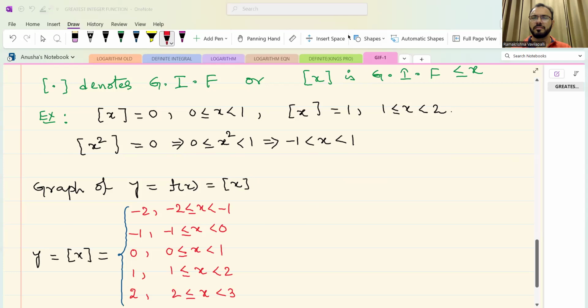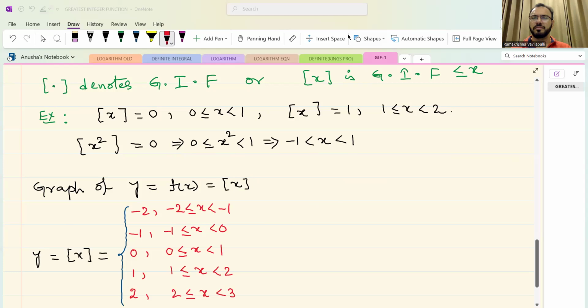Here it is not included, and here it is included. And y equal to minus 2, this is included. If you want to draw, you can draw y equal to minus 3.